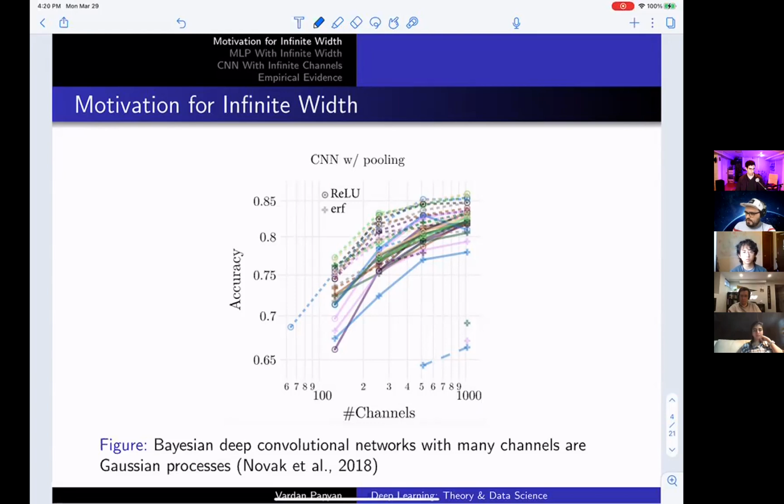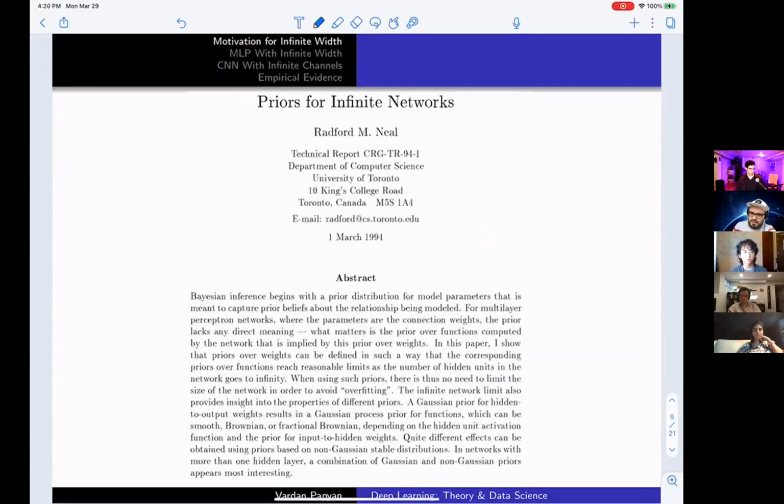Okay. Now, this idea of studying networks which have infinite width is something that was considered in the past, in particular by Radford Neal from the University of Toronto. And this is a pretty old paper.